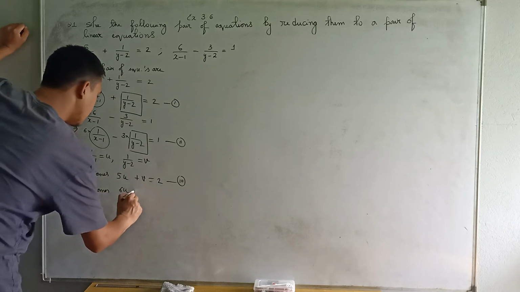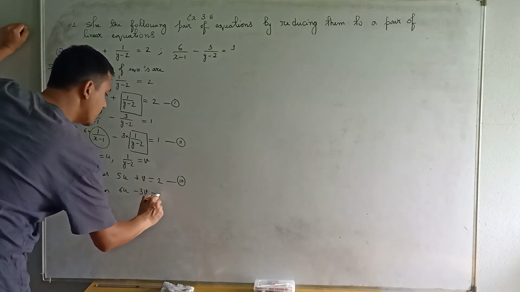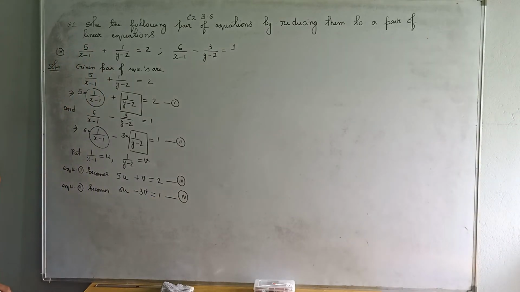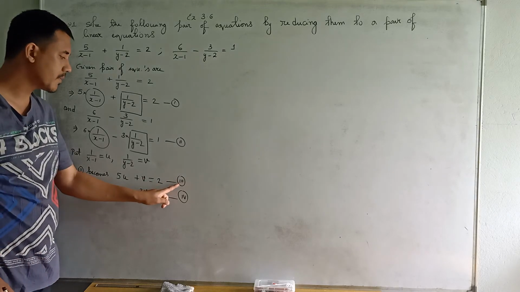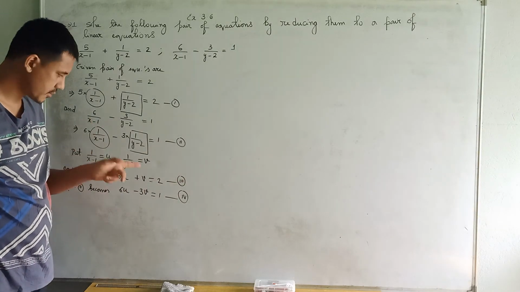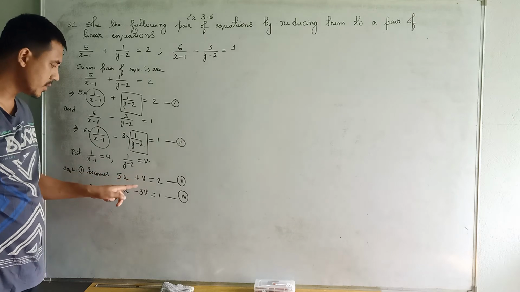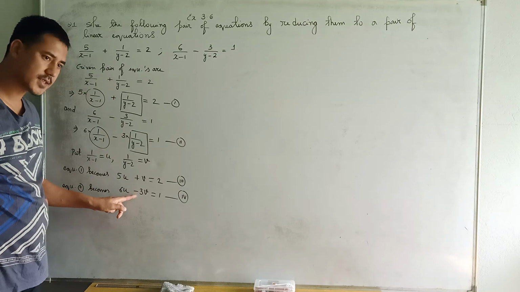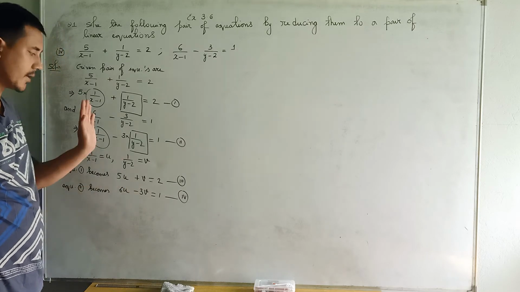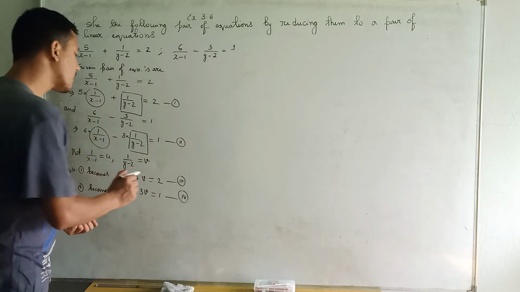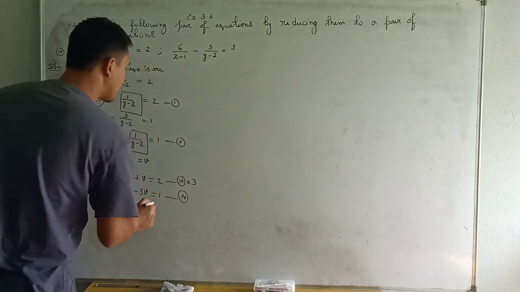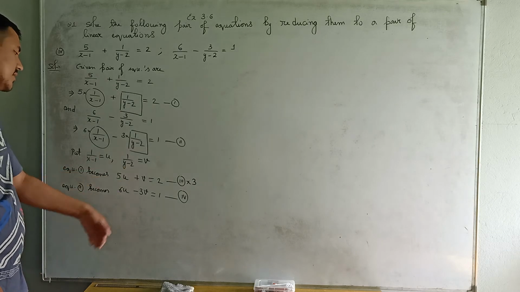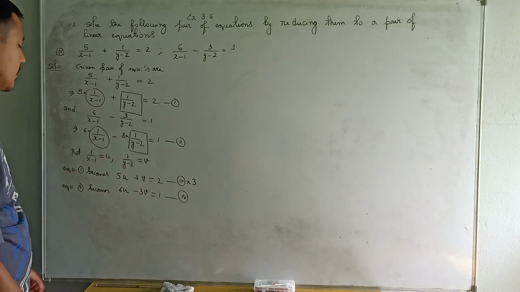6u minus 3v is equal to 1, that is equation number 4. Alright, this time let's go for elimination, because I can multiply equation 3 by 3, and we will add the equations, since they have opposite signs. So first of all, let me multiply equation 3 by 3 so that the coefficient of v will be equal.